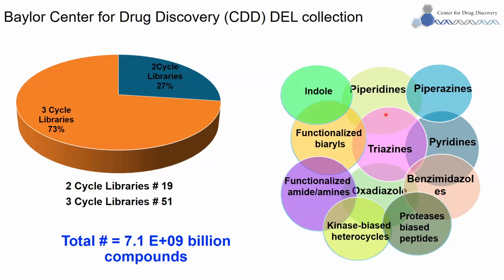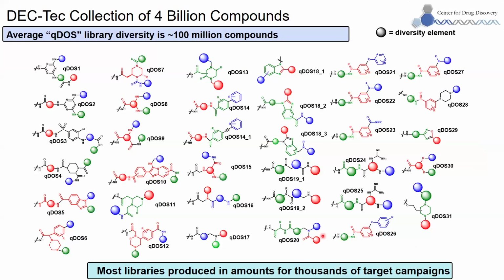And not only focusing on these core structures, we also synthesize some target-biased DNA libraries, for example, kinase-biased as well as protease-biased. So here is another zoomed version of our library, just an example to showcase the structures.